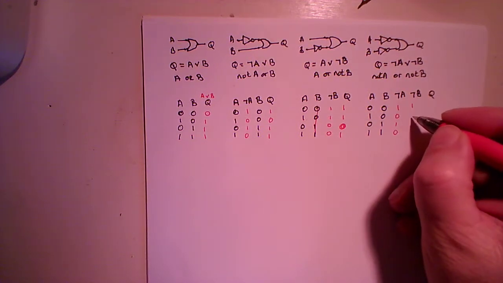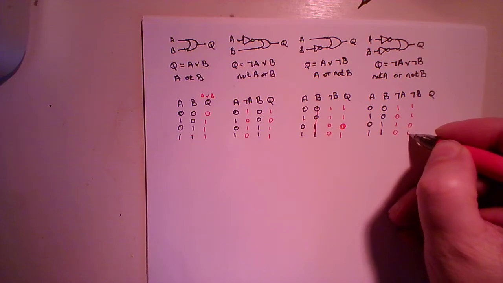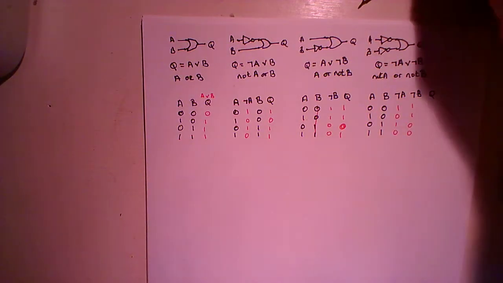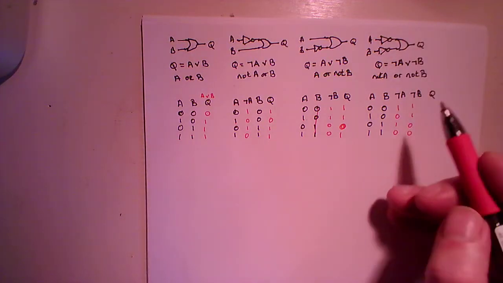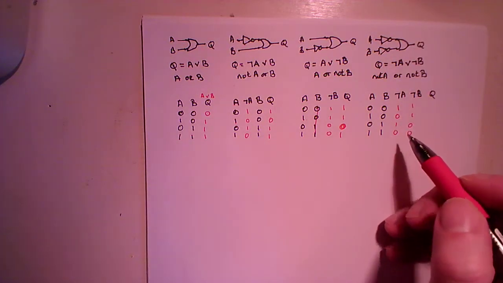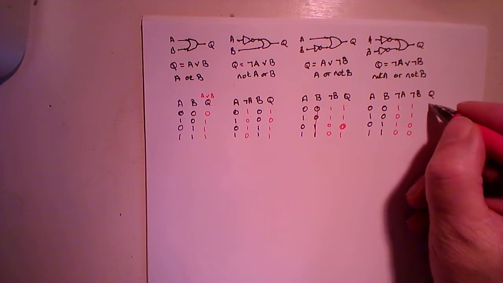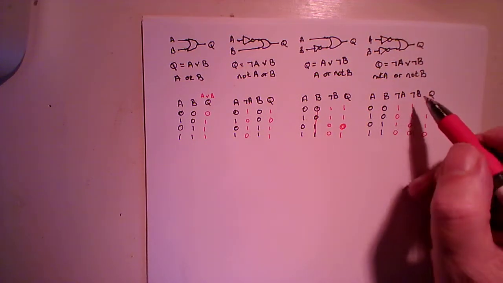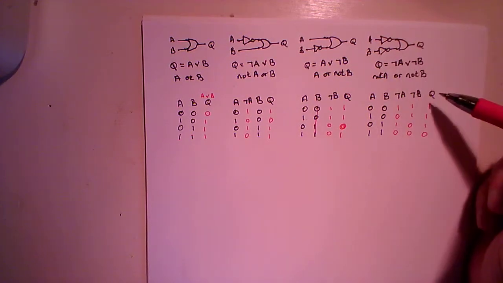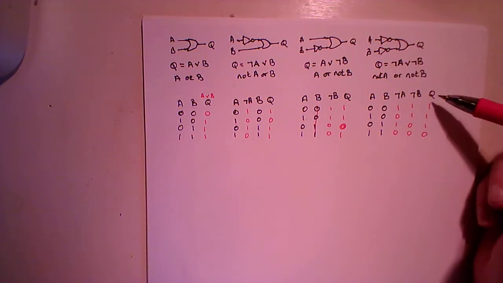And that is going to be 1, 1, 0, 0. And this time all I am doing is looking at these two columns here. Anyone with a 1 produces a 1. And that's the truth table for not A or not B.